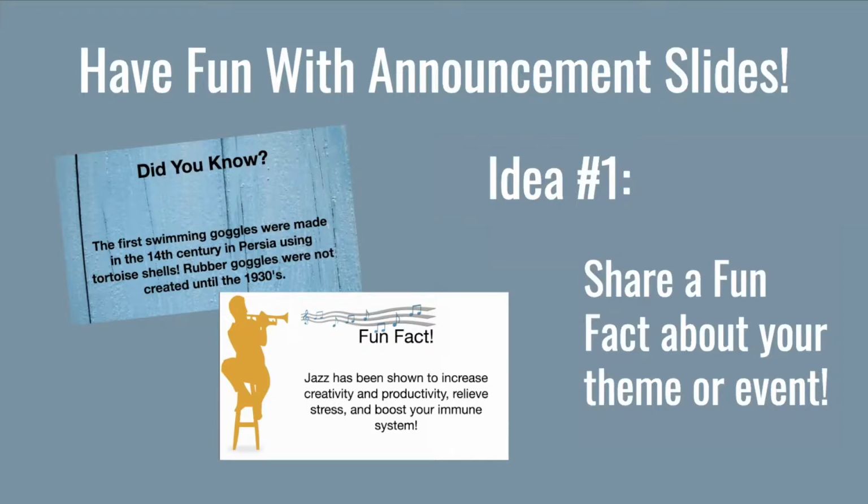So think of some of those ways that you can incorporate fun facts or did you know things to promote excitement and to get your residents a little bit more curious about your upcoming event. And they'll enjoy seeing those things pop up on the screen, and they'll look forward to your daily announcements to see what fun fact is going to be shared next.